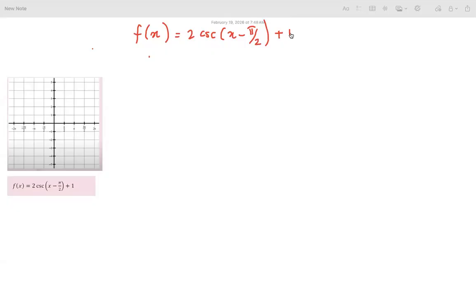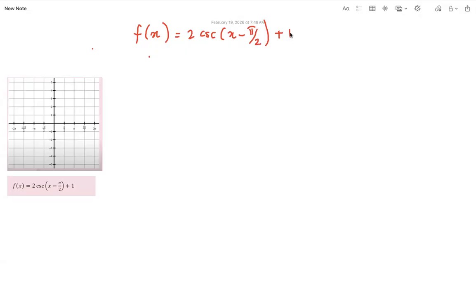You just want the range and asymptotes again? I just want the range and asymptotes again, correct. Asymptotes in terms of n. Which problem did I give you? Cosecant x minus pi by 2. Not a hard one when you think about it, but let's see.